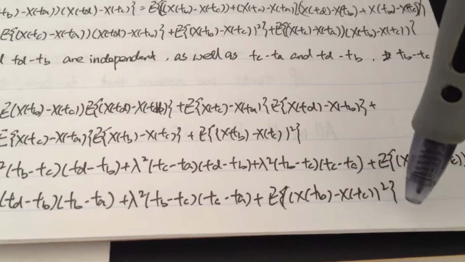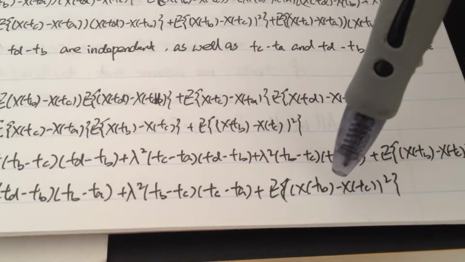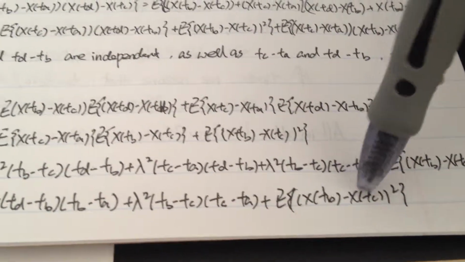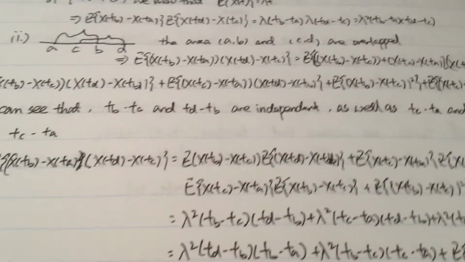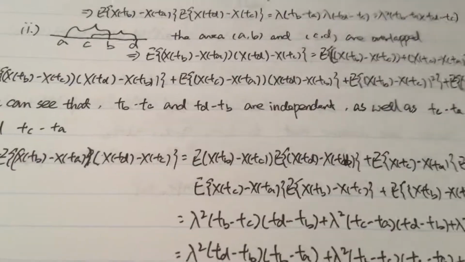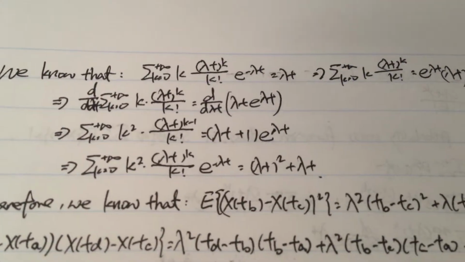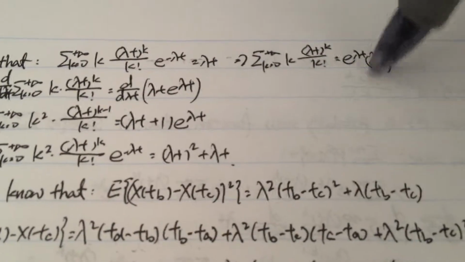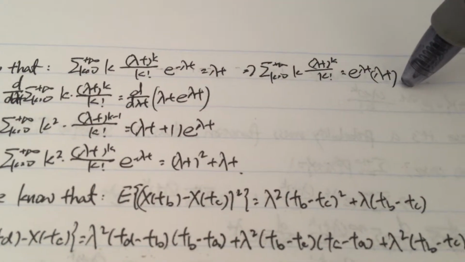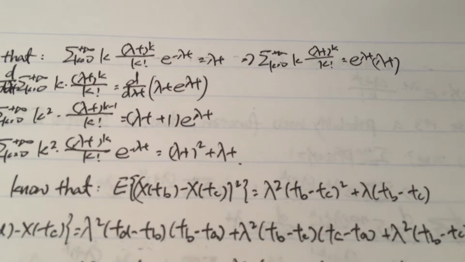And for the mean of X(tB) minus X(tC) squared, in the first problem, we know that the mean of X(t) equals lambda t, so that we can get this equation. And here we use the same method.